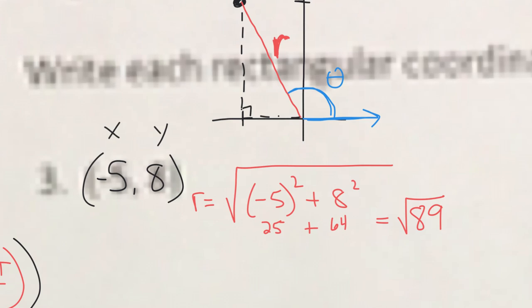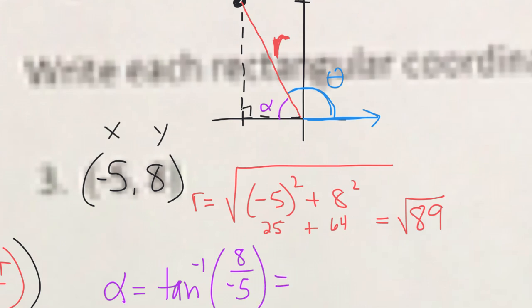When we use our inverse tangent, we're going to calculate this from our right triangle. So alpha equals the inverse tan of 8 over negative 5. It's always the y value over the x value.